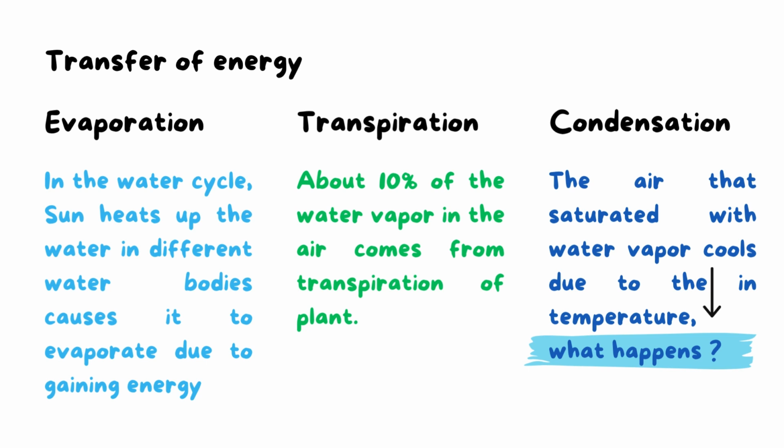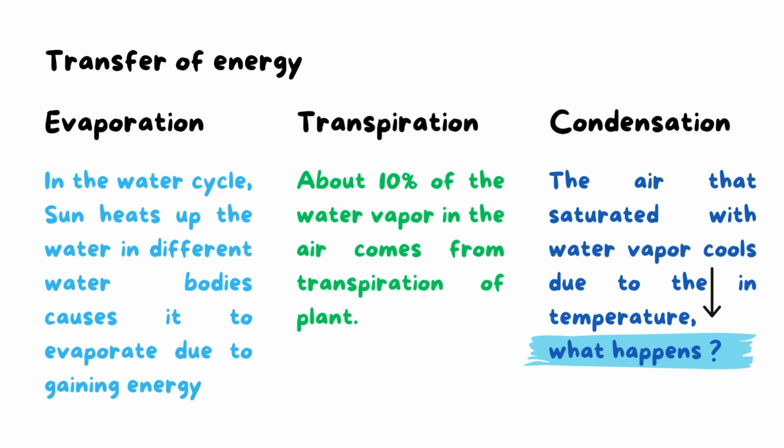In transpiration, which is a type of evaporation that happens in the plant leaves, the water is also heated up by the sunlight energy and changes into water vapor. About 10% of the water vapor in the air comes from the transpiration of plants.